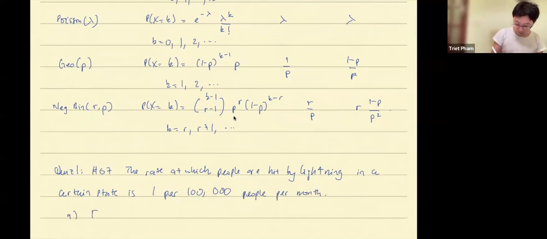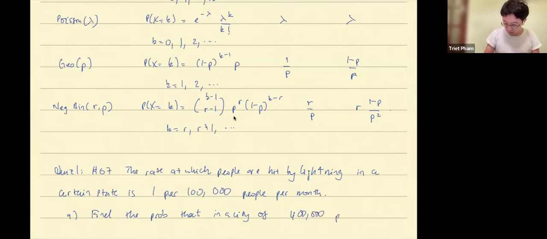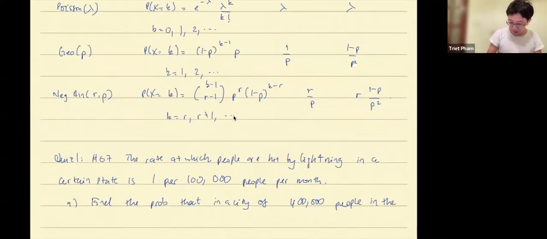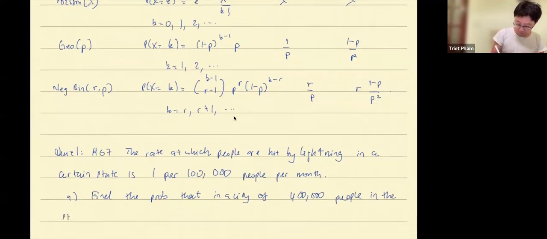A, find the probability that in a city of 400,000 people within the state, eight or more get hit by lightning in a given month.